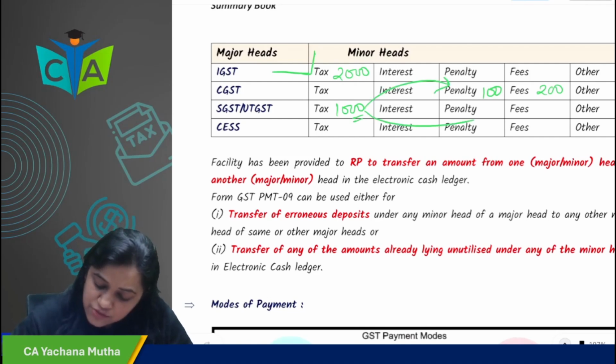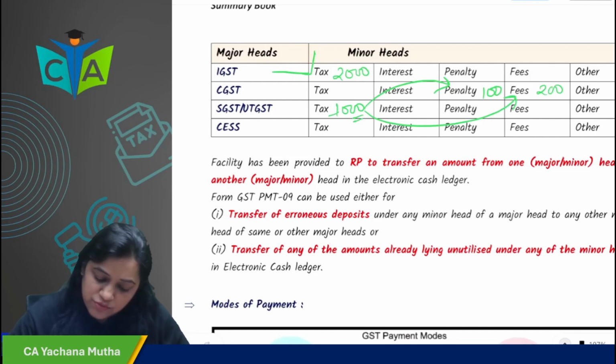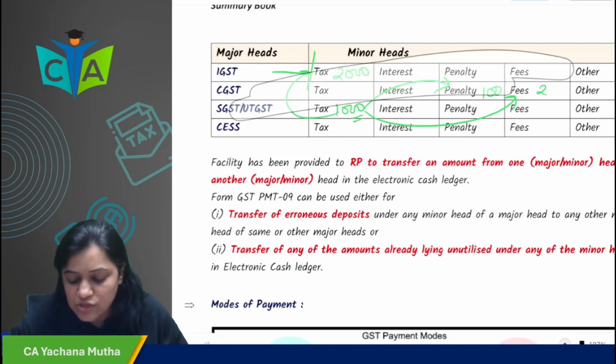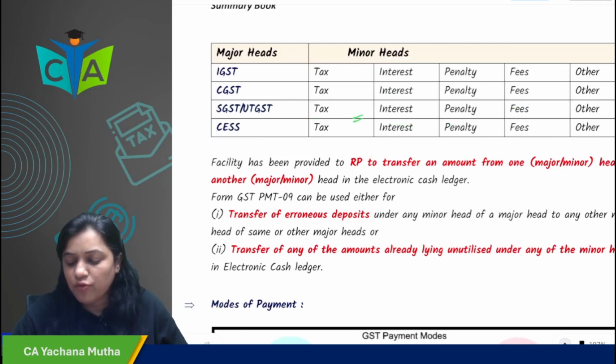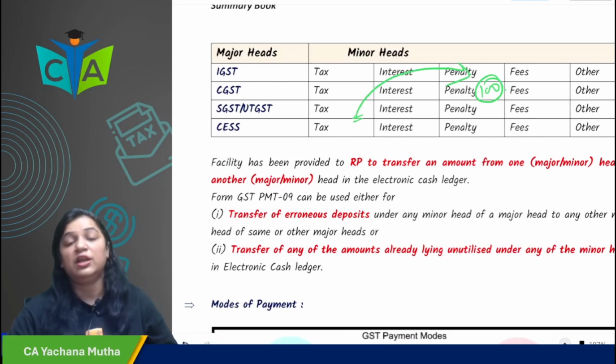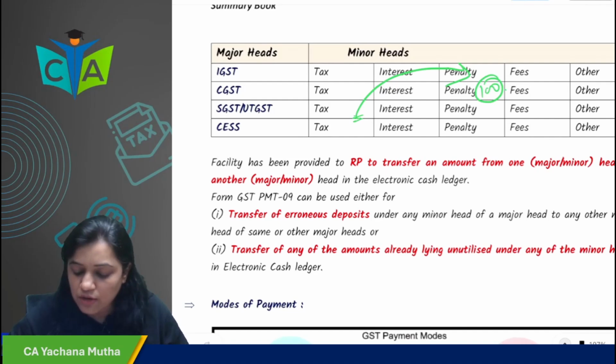Yes. Can you transfer it to fees of CGST? Yes. Can you transfer it to the tax of IGST? Yes. Anywhere you want, you can transfer it, and then only can you use it. If you want to use 100 for the payment of the penalty, then first you have to either deposit it or transfer it from some other head, and then only can you use it.